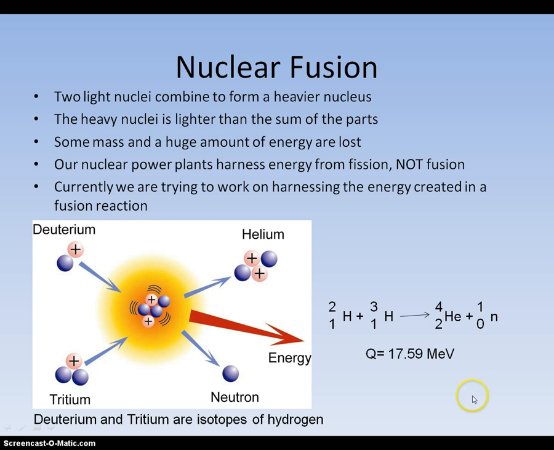So if you look at the form over here, we start with hydrogen that is the isotope 2, so that's the deuterium. We smash it with the hydrogen that is tritium, and then in the end you end up with a helium, which is a 2,4.